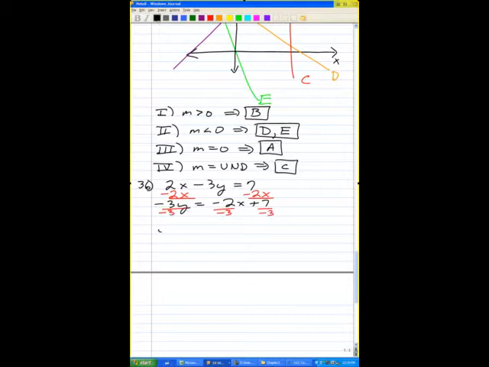And so y is equal to positive 2/3 x minus 7/3. Therefore, the slope is equal to 2/3, which is greater than 0. Therefore, we are rising as we read this from left to right.